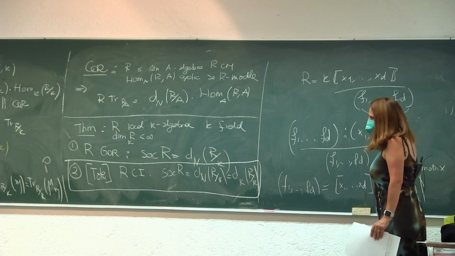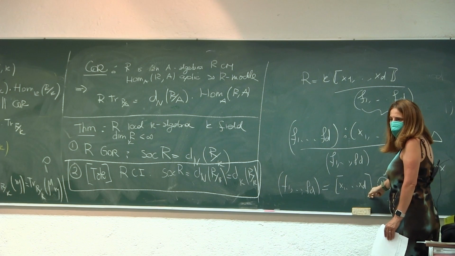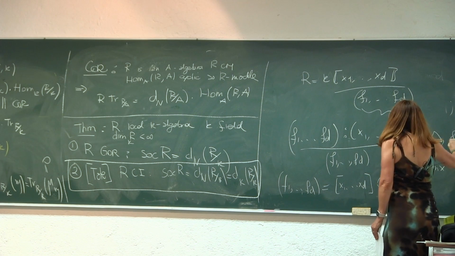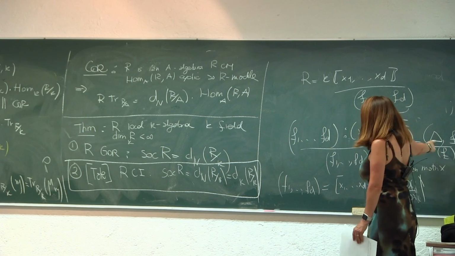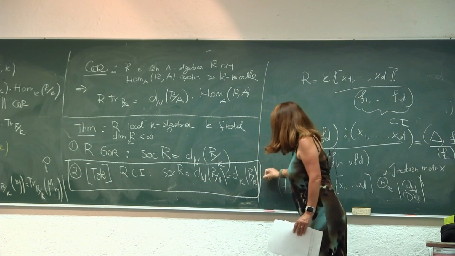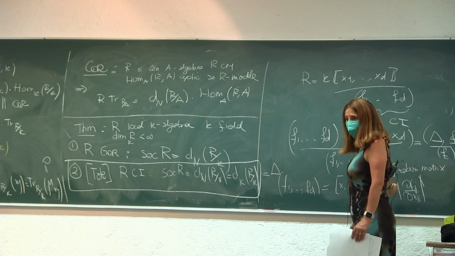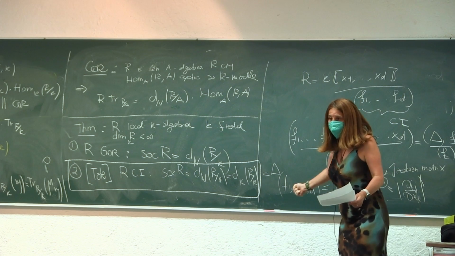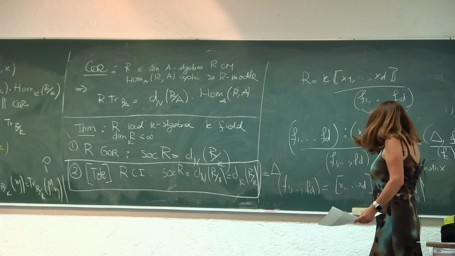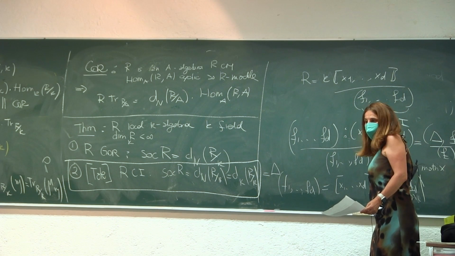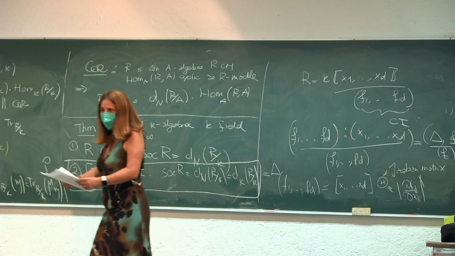You can really write it this way, okay? And now what happens is, by what I told you about Northcott ideals, this colon is simply given by the determinant of this matrix. So the socle is simply, in this case, given by the Jacobian.